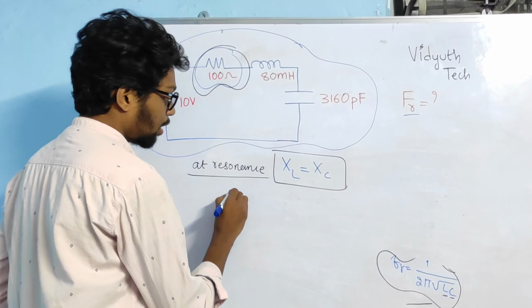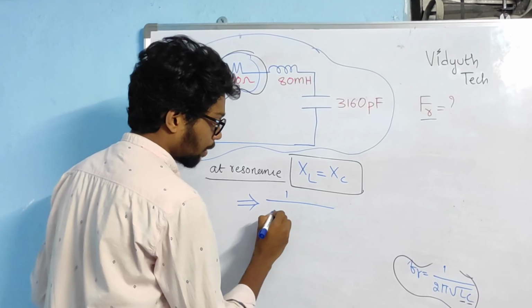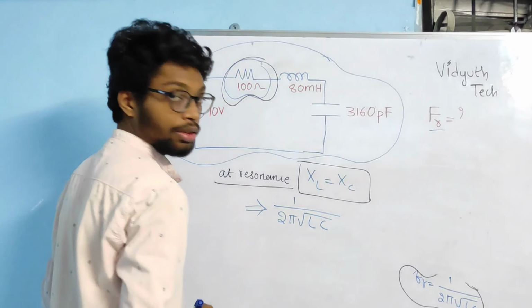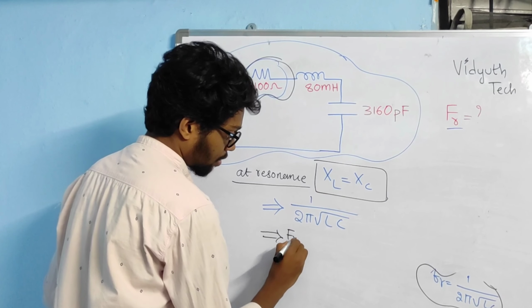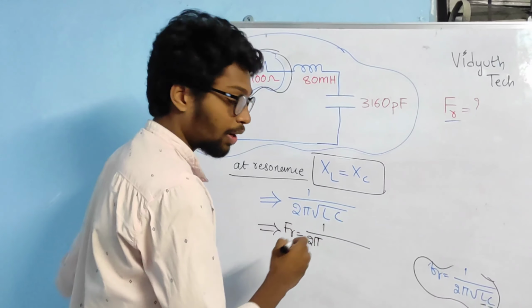Now I am going to find resonance frequency for this circuit. So FR is 1 by 2 pi into under root L into C. I am substituting the L and C values here, friends.